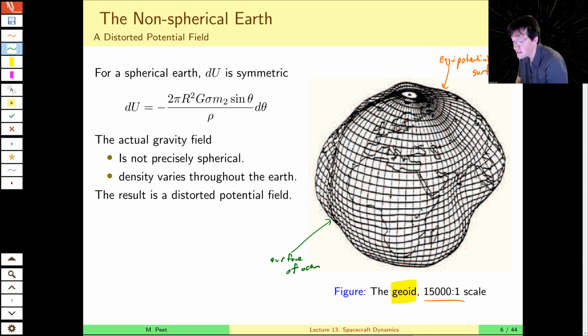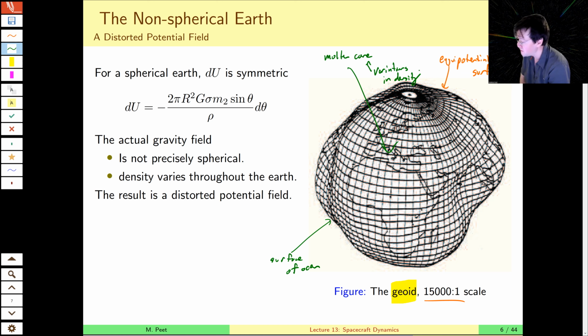The first is that the Earth is not completely solid. So there's a molten core which has different components. And the molten core causes variations in density. And those variations can change over time. And they can affect the orbit of satellites as well.